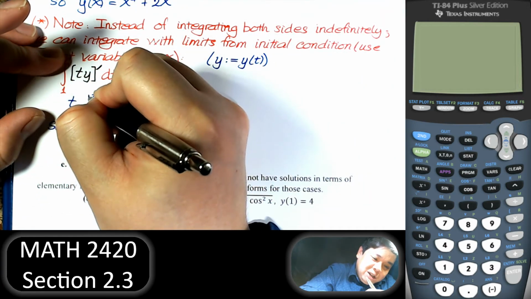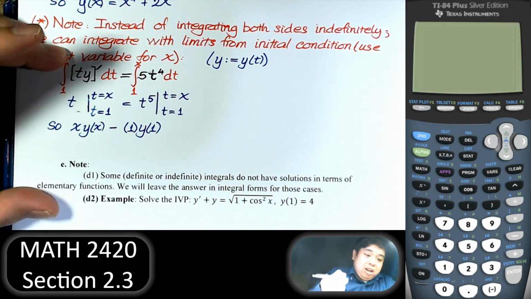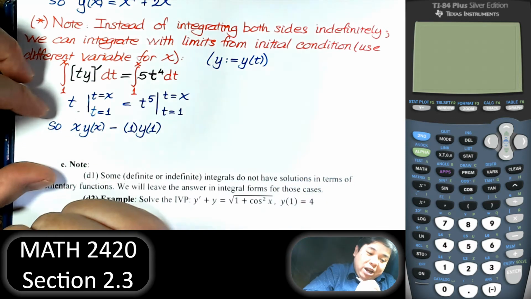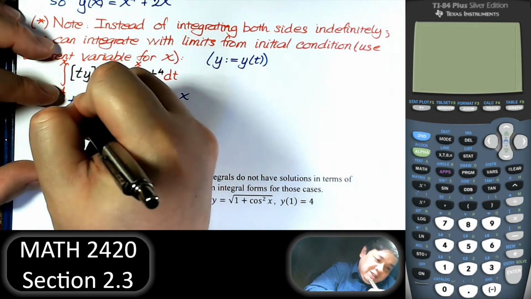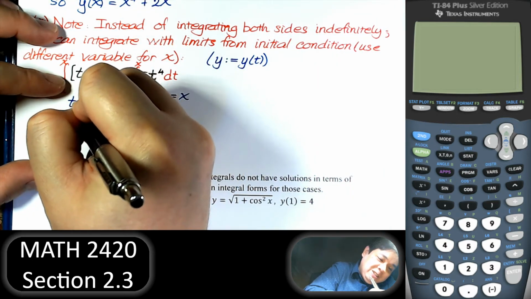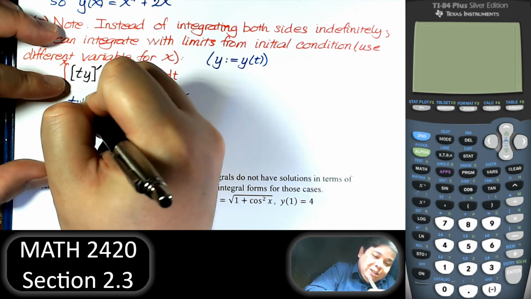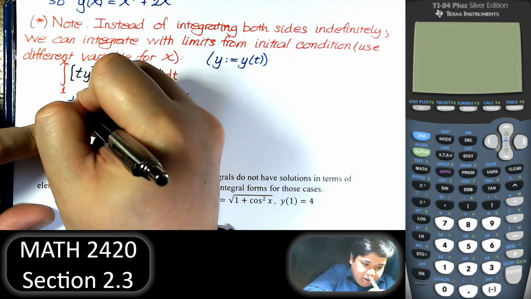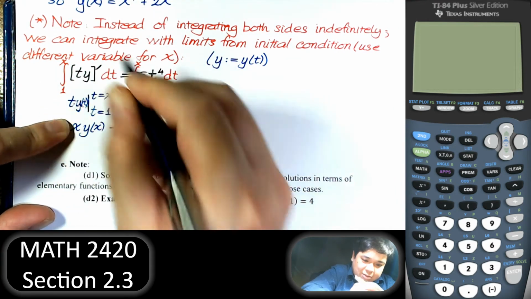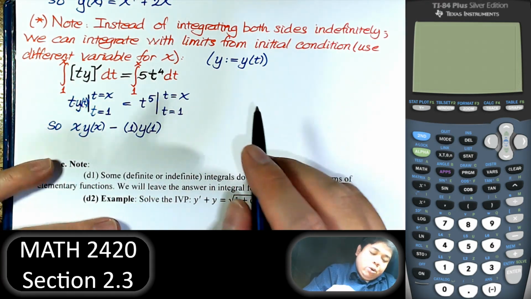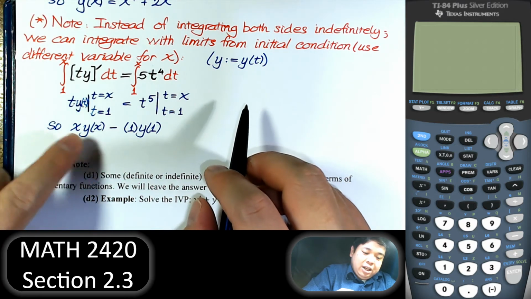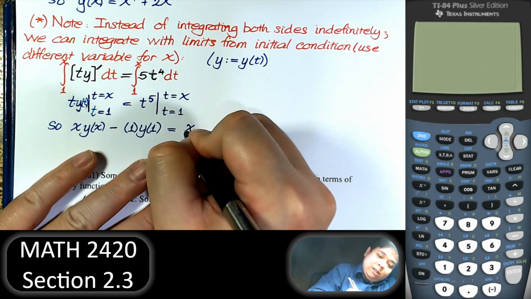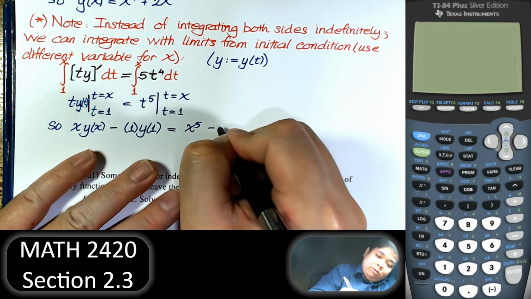I think I mentioned this before. Usually when I do math, I write everything in pencil, but it's difficult to see in pencil. So put x in for t, then put 1 for t.